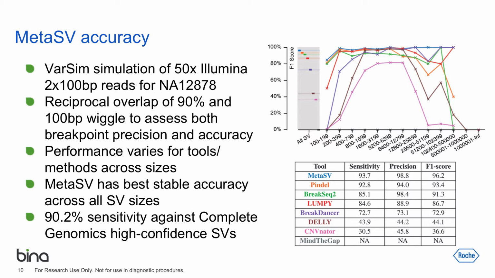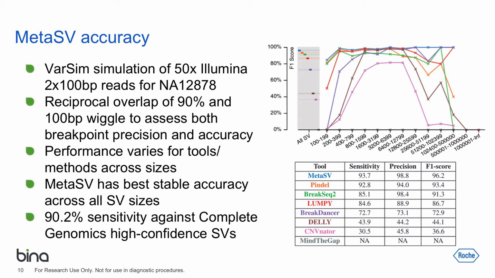For real data, we actually use the Platinum Genomes project data for NA12878, and we compared the detected SVs, specifically deletions, against the high quality deletions from Complete Genomics. So for real data, we used the NA12878 sample from the Platinum Genomes project, which is again roughly 50x coverage for whole genome.